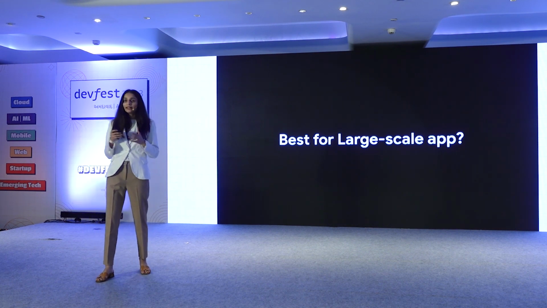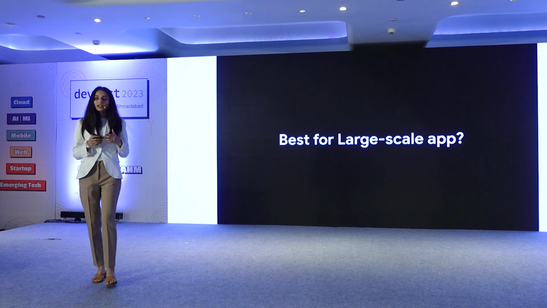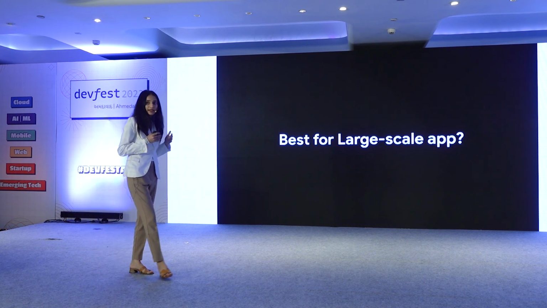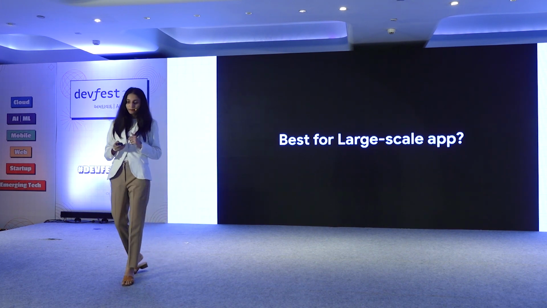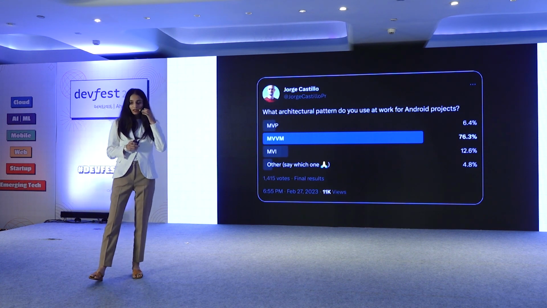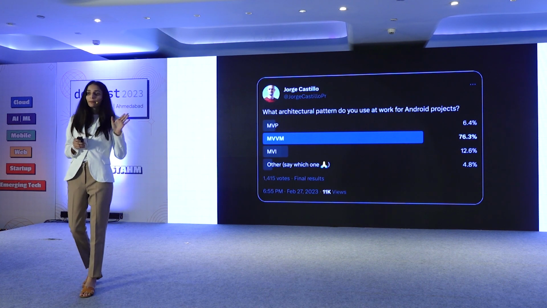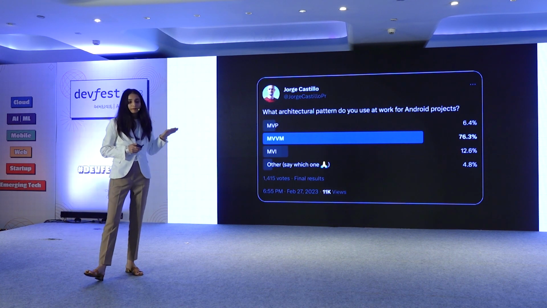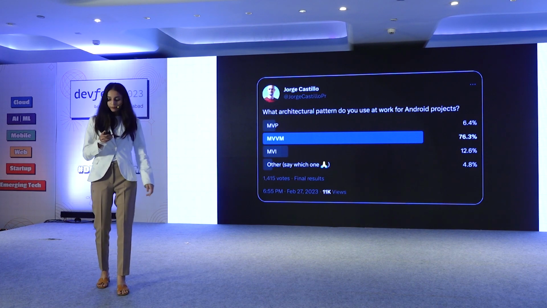Also a data-driven application, suppose you want to create a financial trading app, then MVI will work for that. Also, George, who is the author of Jetpack Compose internals, has tweeted about this, and most people go with MVVM, and MVI comes in second rank.